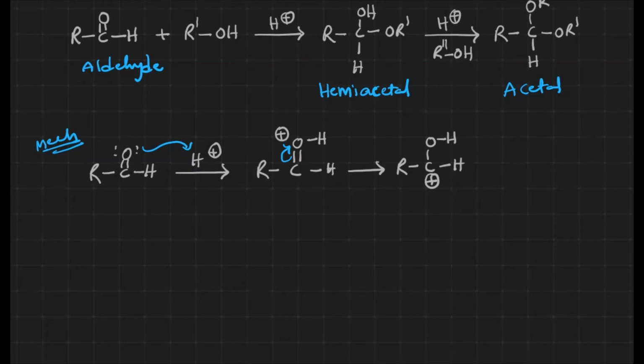And this reaction we are discussing is the addition of alcohol. R dash OH has a lone pair. This is an example of a neutral nucleophile. The nucleophile attacks the electrophile over there. When the nucleophile attacks the electrophile, we get a structure something like this, with OR dash and H, O plus.